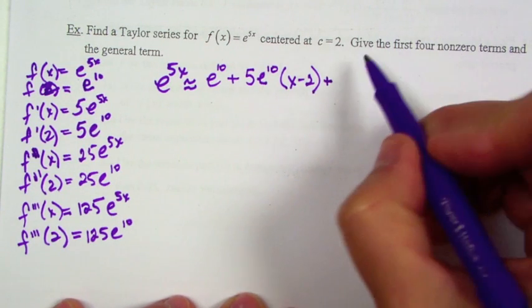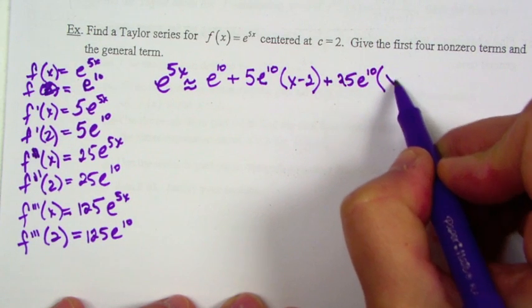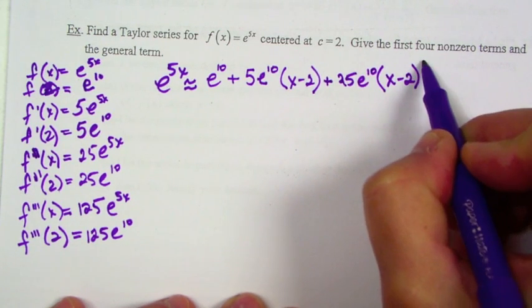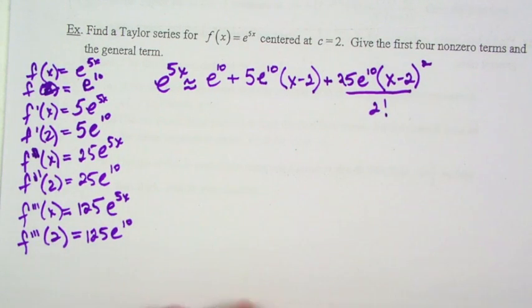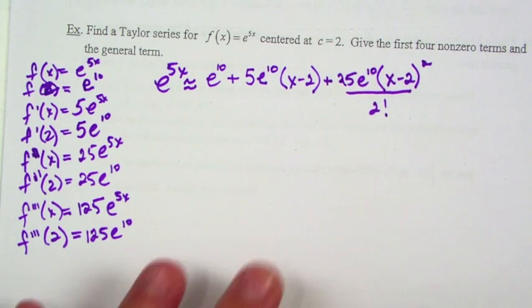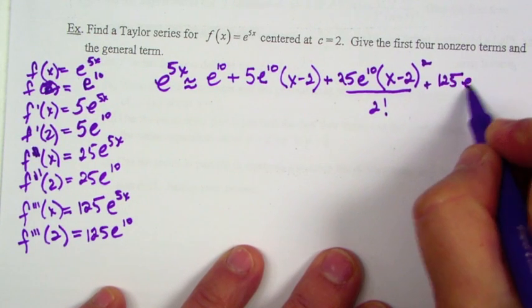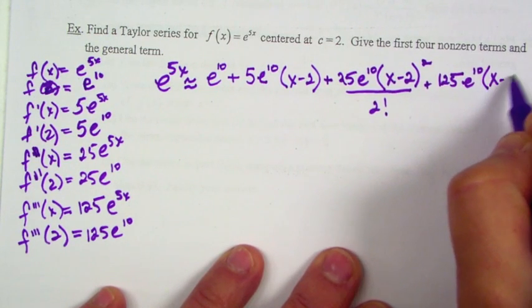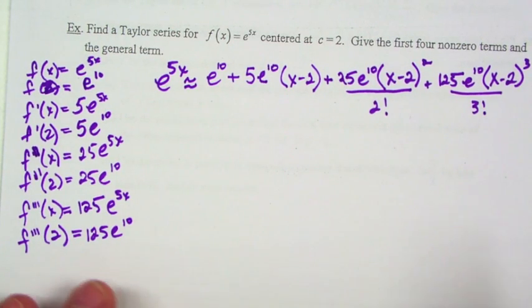Plus 25e to the 10th times x minus 2 squared over 2 factorial. I need one more term. Plus 125e to the 10th times x minus 2 cubed over 3 factorial.